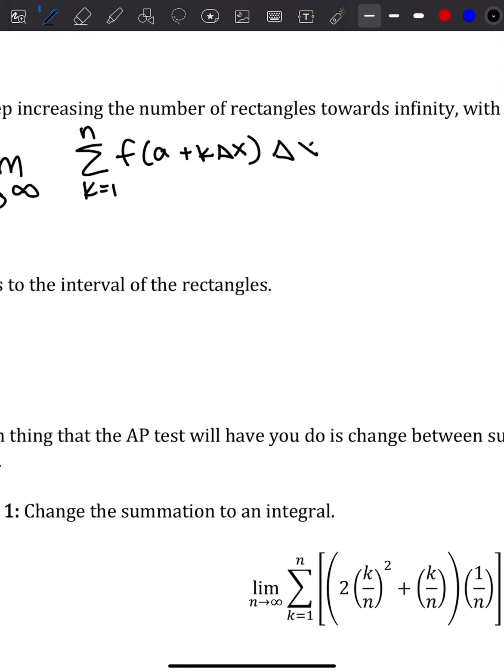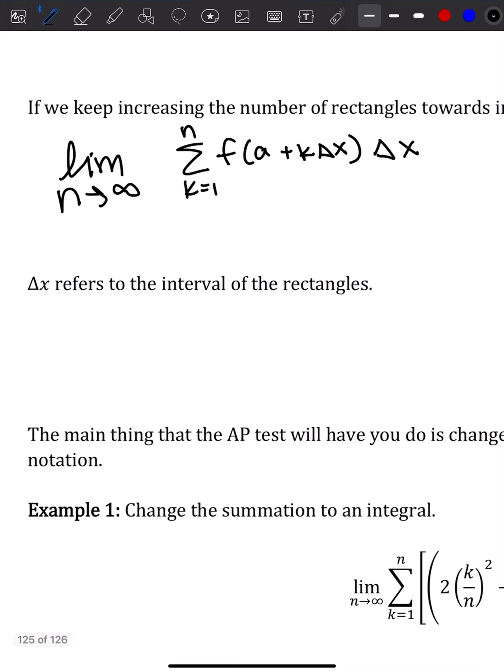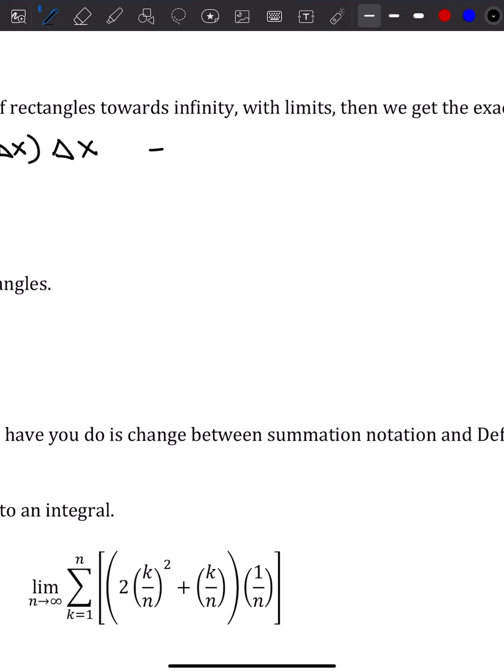And we're going to multiply that by delta x. This right here is the limit version of the integral from a to b of f of x dx.